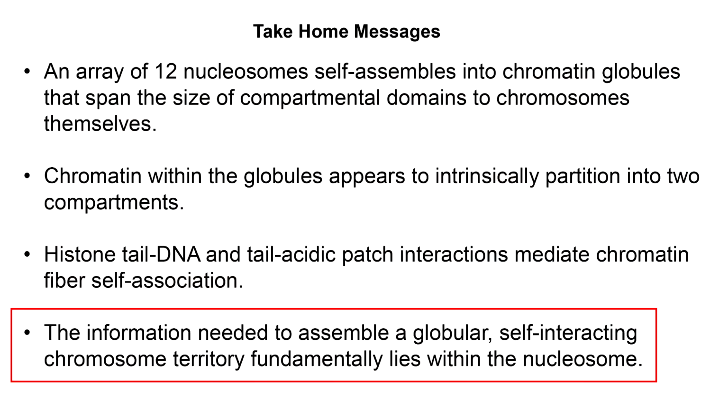Histone tail-DNA and tail-acidic patch interactions are what mediate the chromatin fiber self-association. And I'll end this slide with the rather audacious statement that we think that the information needed to assemble a globular self-interacting chromosome territory fundamentally lies within the nucleosome itself.